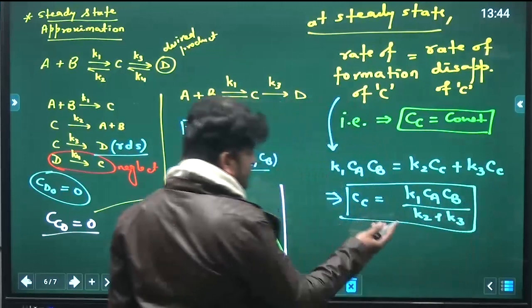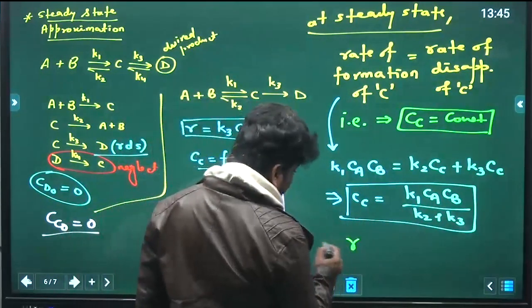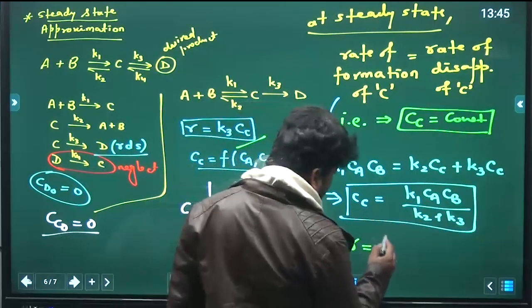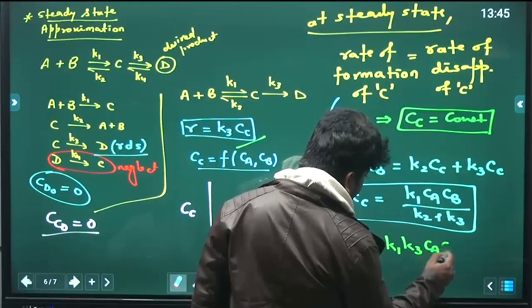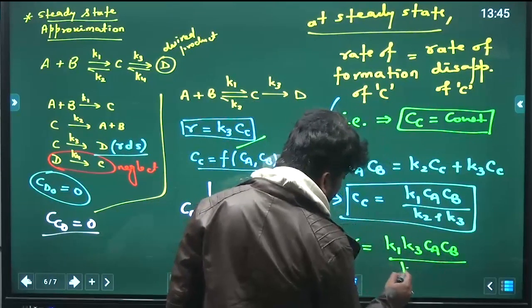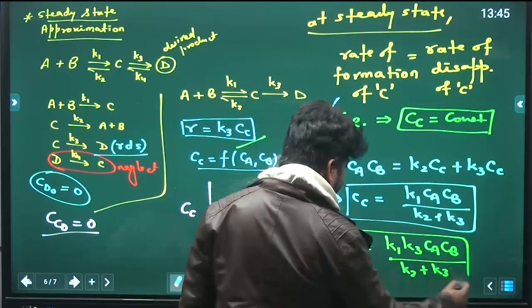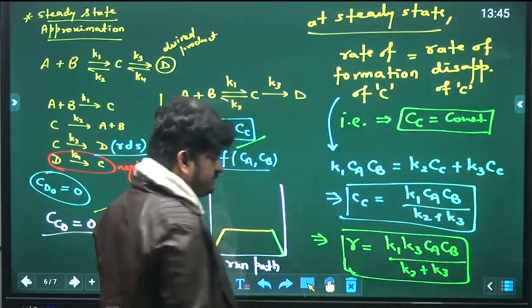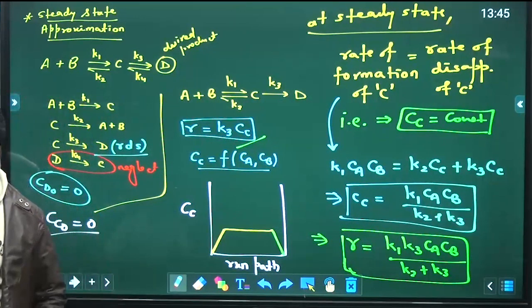And when you put this value of C_C in the rate equation, you will get r equals K1 K3 C_A C_B over K2 plus K3. Simple. Clear?